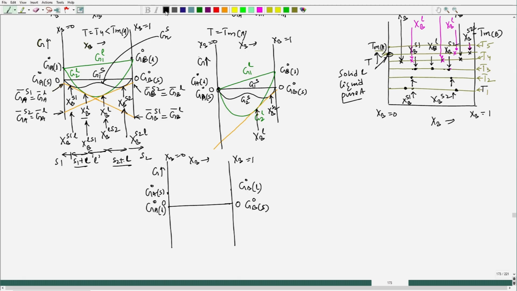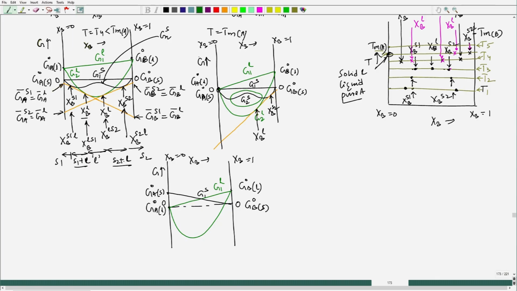Now, I can put it in a dotted fashion. Now, G1 of solid is this, and G1 of liquid is this. Now, you see this particular pattern slowly will die out as we increase temperature.